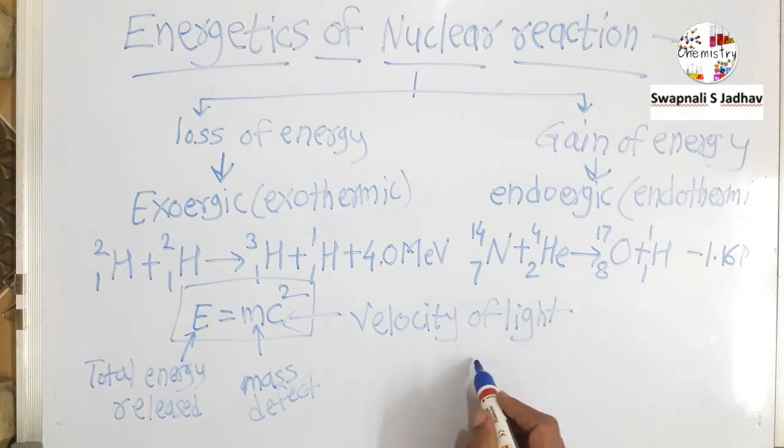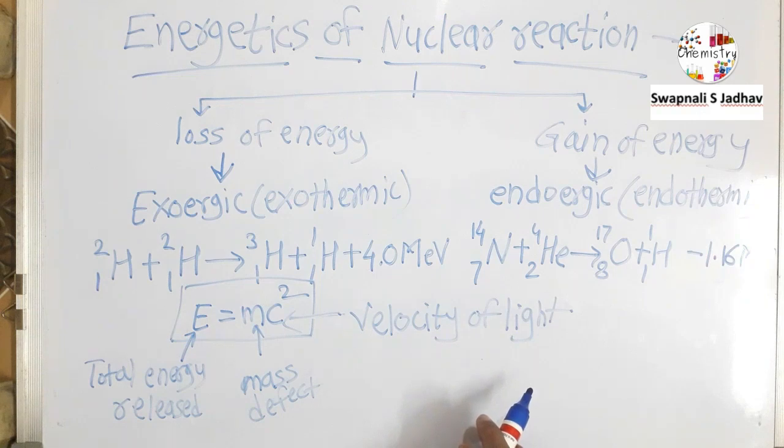So up to that we completed what is meant by nuclear chemistry, what is meant by nuclear reaction, what is meant by transmutation, then how a nuclear reaction is represented. From that we see what is meant by target, projectile, recoil nucleus, emission.